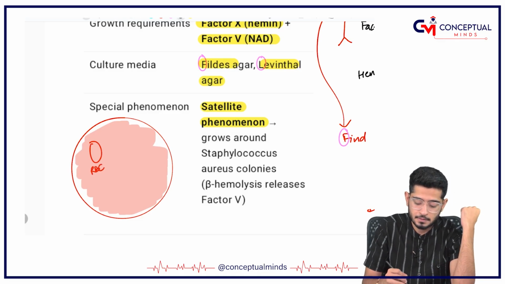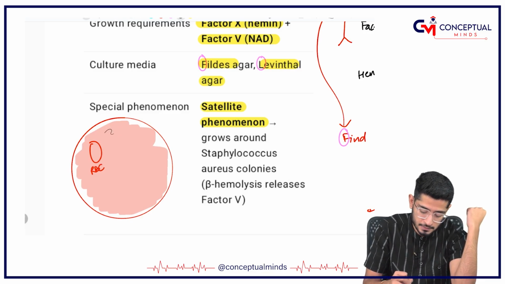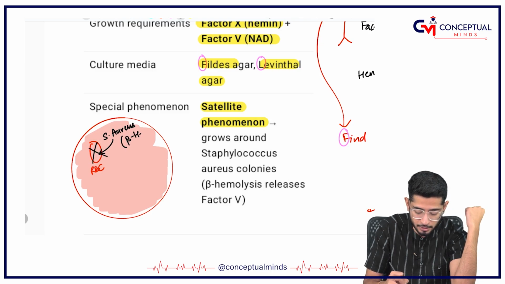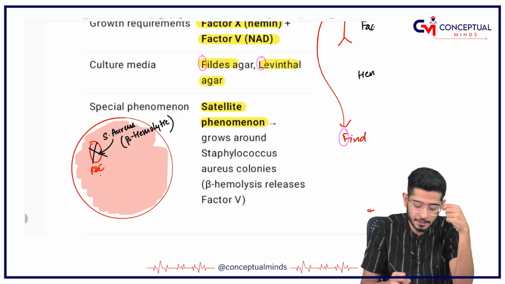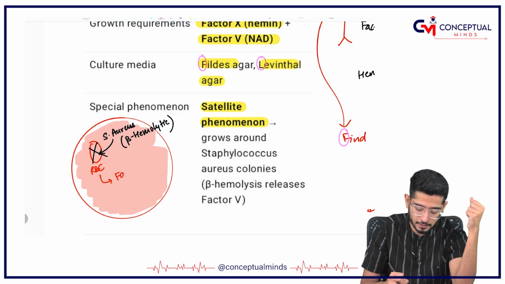So what happens? Staph aureus comes and Staph aureus kills the RBC because Staph aureus is beta hemolytic, if you remember. Once the RBC is killed, it leads to the release of factor 10, that is called hemin.